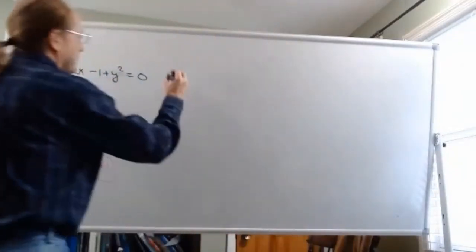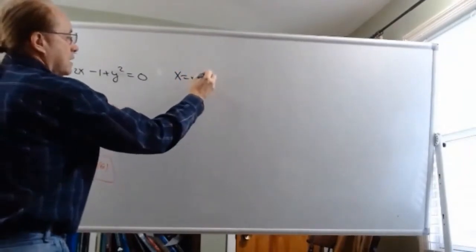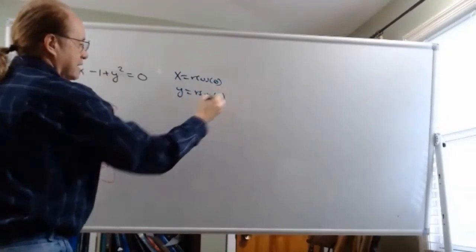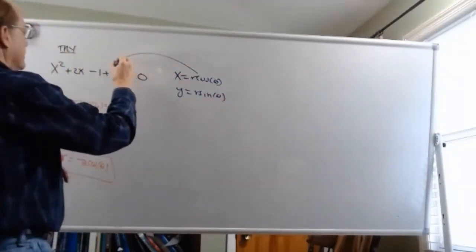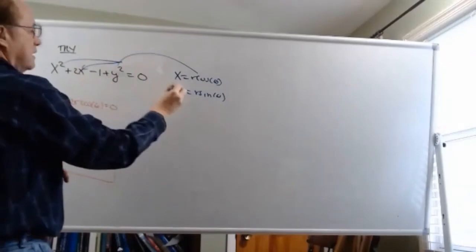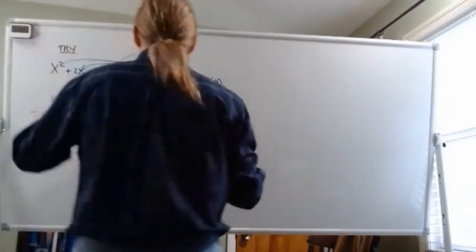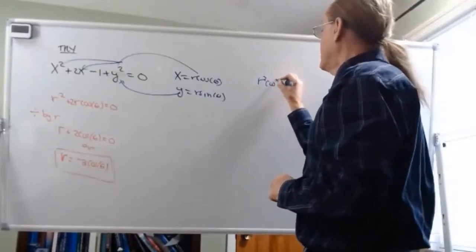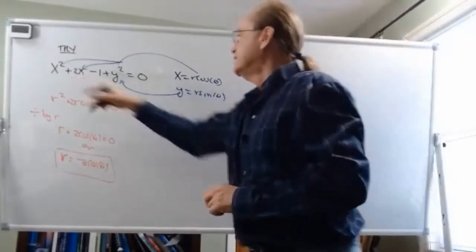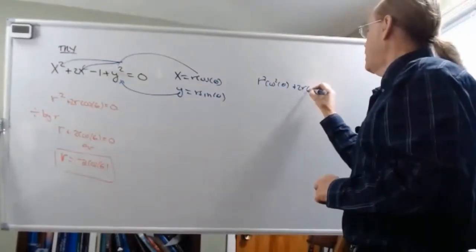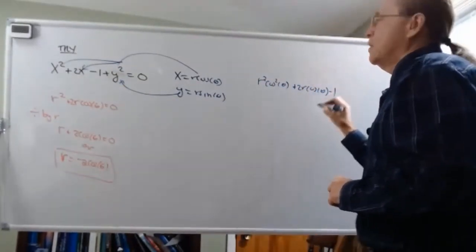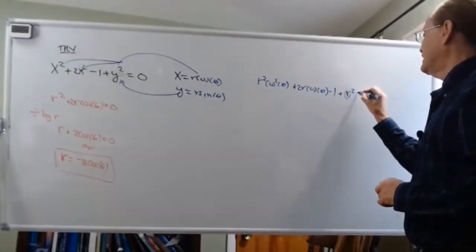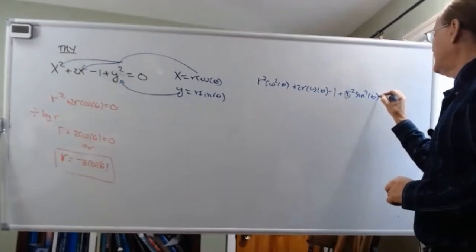Okay, so what would I do? I'm going to use x is r cosine theta and y is equal to r sine theta. I'm going to plug those in for my x's and my y. So doing that, I'm going to get r squared cosine squared theta plus 2r cosine theta minus 1 plus r squared sine squared theta is equal to 0.